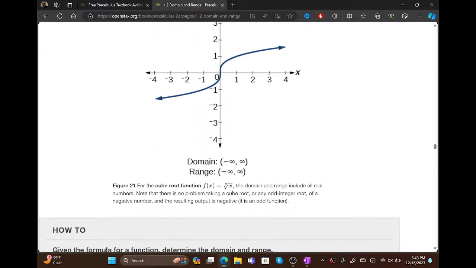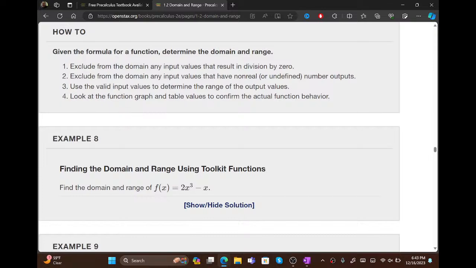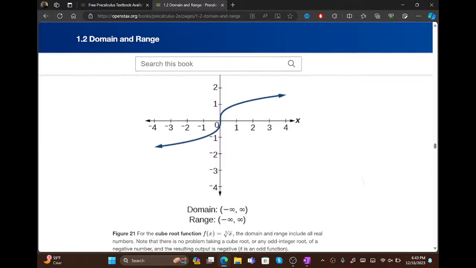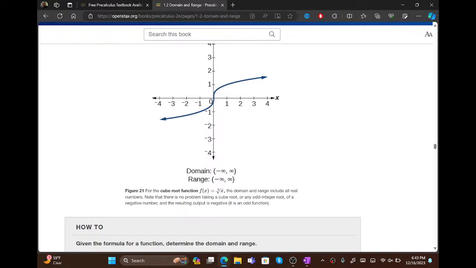Now this is what we call a cube root function. This is kind of the only function where we can actually find the inverse if the degree is odd.